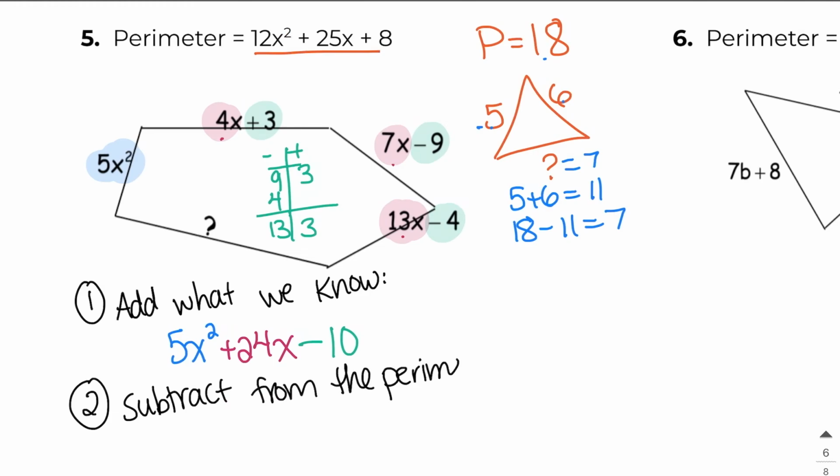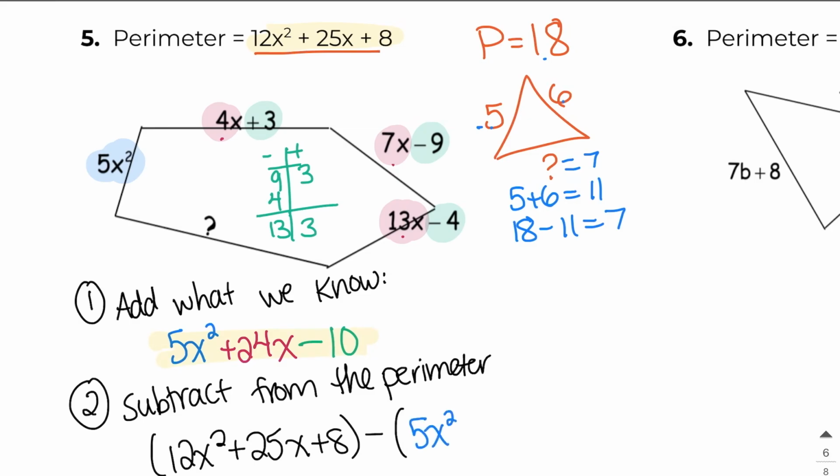And we know that our perimeter is equal to this whole expression up here. Now, brackets are really important when we do this. So I am going to take this 12x squared that I have here plus 25x plus 8, and I need to subtract this entire expression that we have right here: the 5x squared, the 24x, and the negative 10.